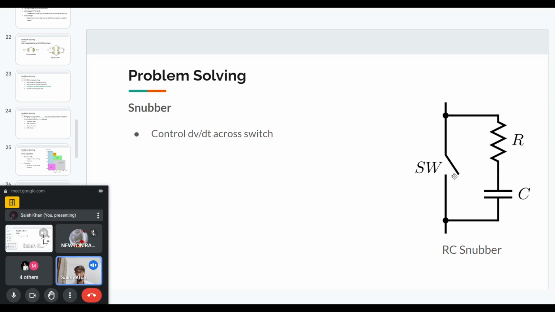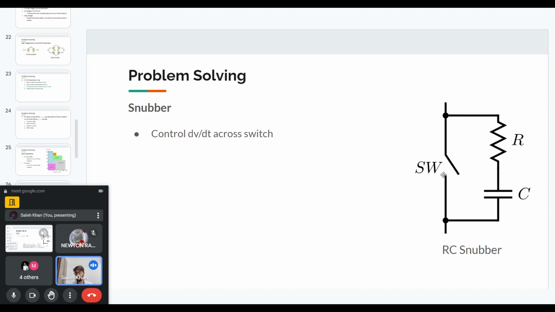Now, if you want to find the power loss due to this snubber circuit, that will just be the energy stored in the capacitor times the switching frequency. Power loss is energy divided by time, or we can use the energy times the switching frequency.